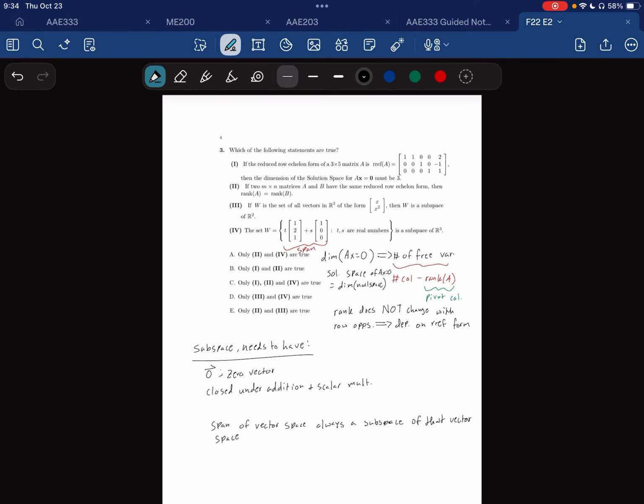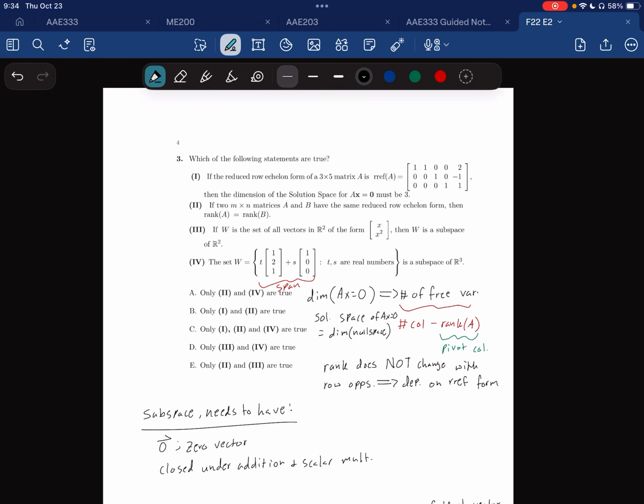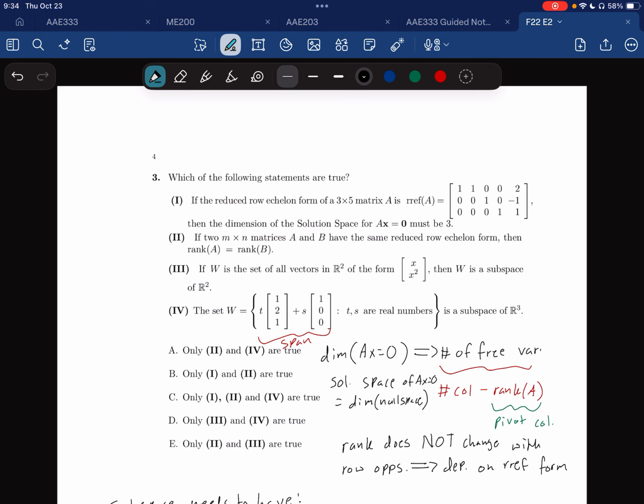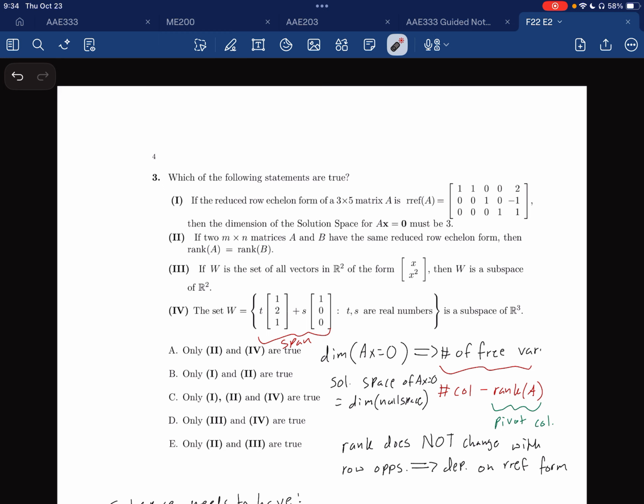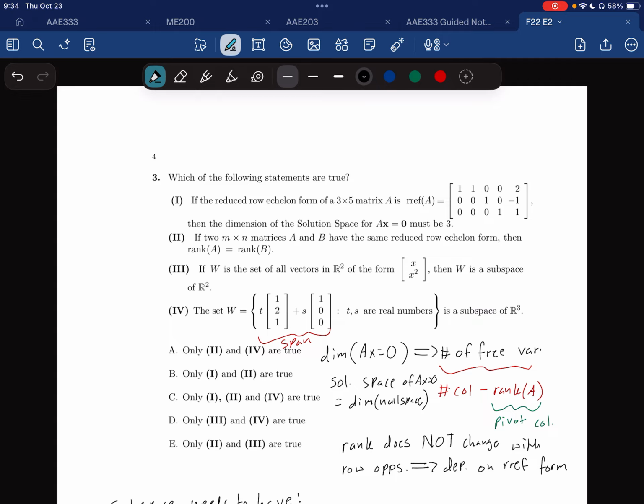Now let's go through these options one by one by looking at what we know. Option one says, if the reduced echelon form of a 3 by 5 matrix is that, then the dimension of the solution space for AX must be 3. This is false. The pivot positions are in columns 1, 3, and 4. What did we say about the pivot columns?